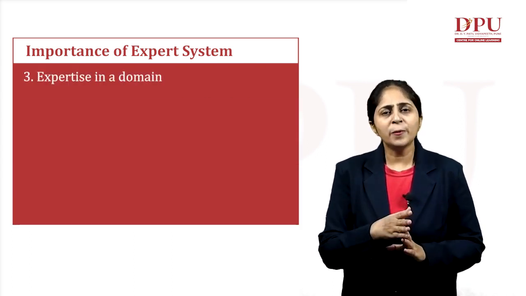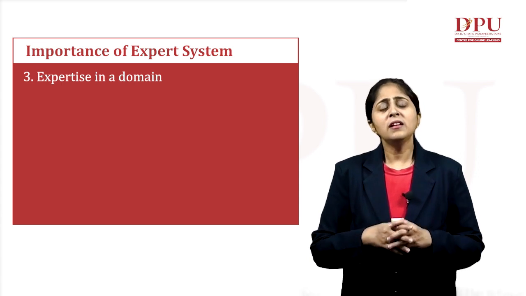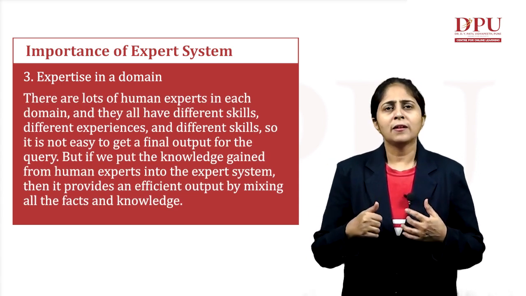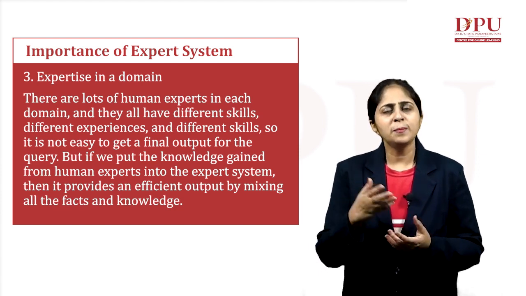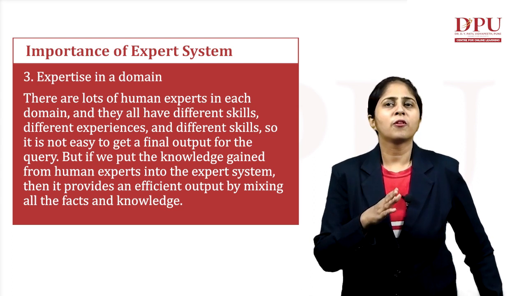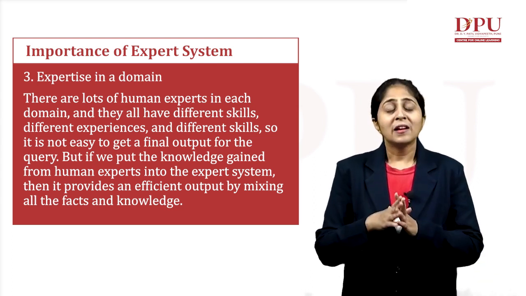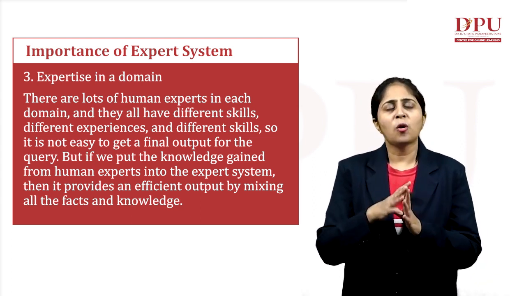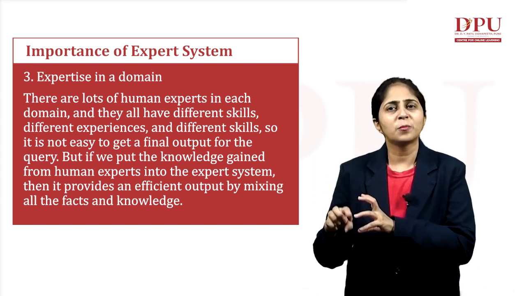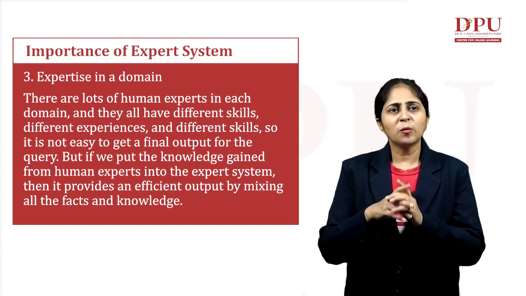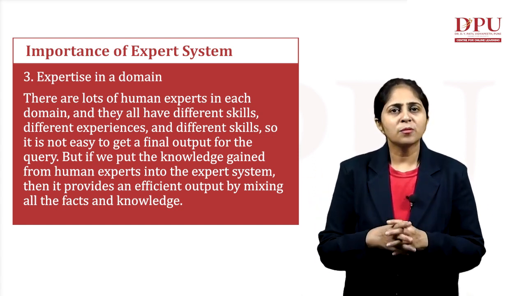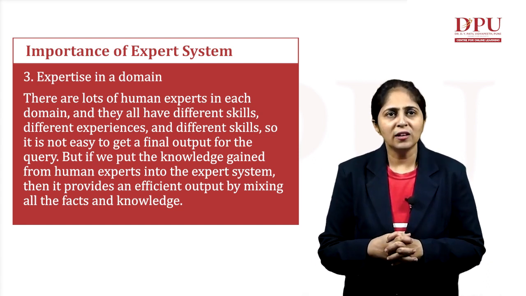Third is the expertise in a domain. There are a lot of human experts in each domain, and all of them have different skills, different experiences, so it is not easy to get the final output for a query. But if we put the knowledge that is gained from the human experts into the expert system, then it provides an efficient output by mixing all the facts, by mixing all the knowledge.